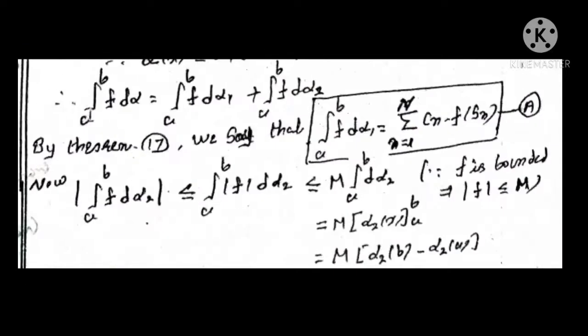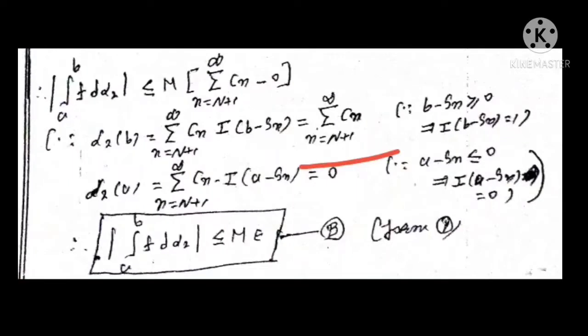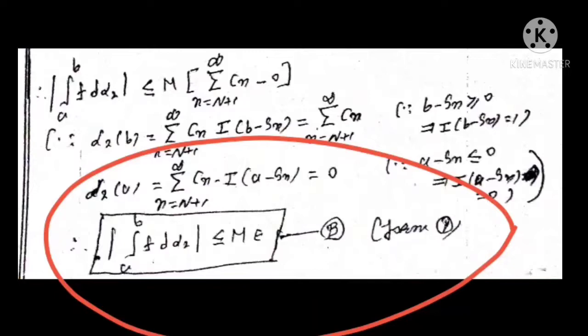So here the value of alpha 2 of a will be 0, and the value of alpha 2 of b will be the sum from n equal to N plus 1 to infinity of Cn. Therefore, the modulus of the RS integral of f with respect to alpha 2 on [a, b] is less than or equal to M times epsilon, because the sum of Cn is convergent.